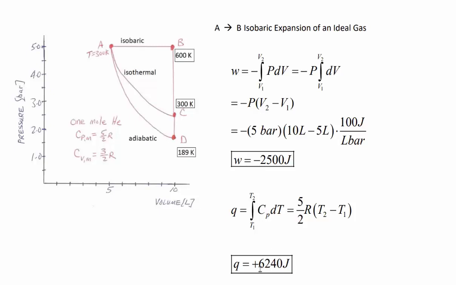So there's lots of heat going in. That's positive Q, so the heat's going in, and work's being done by the gas, but there's more heat going in than the expansion is requiring, and therefore the temperature rises. The rest of that heat goes into just heating up thermally the gas from 300 to 600.